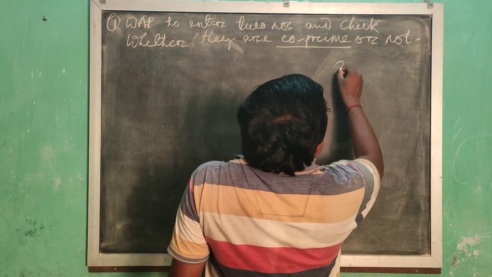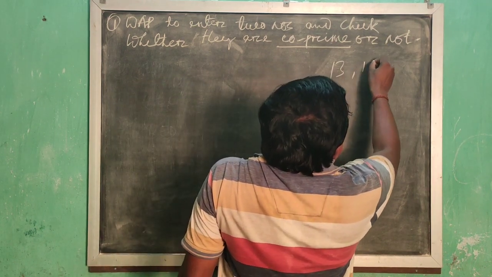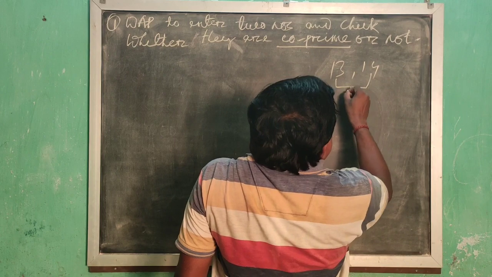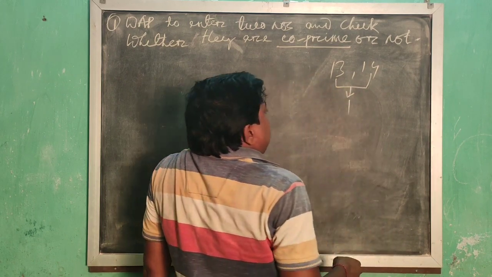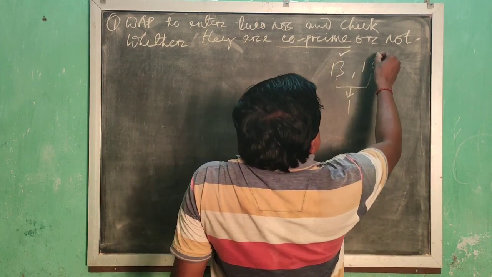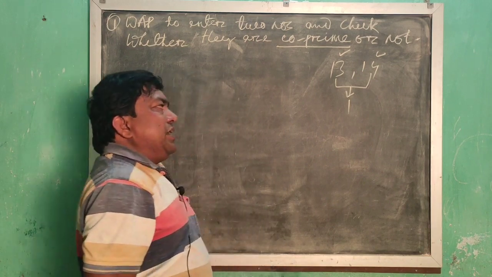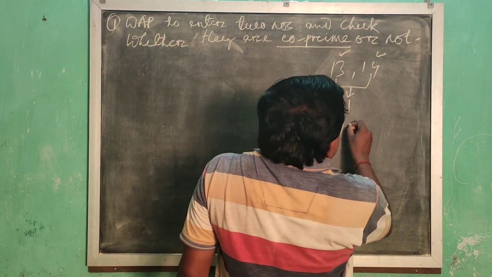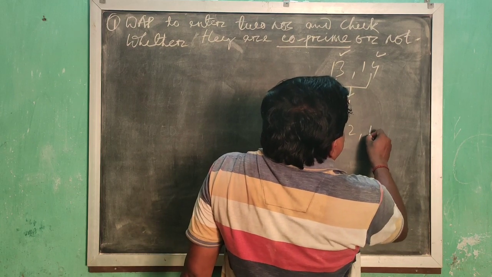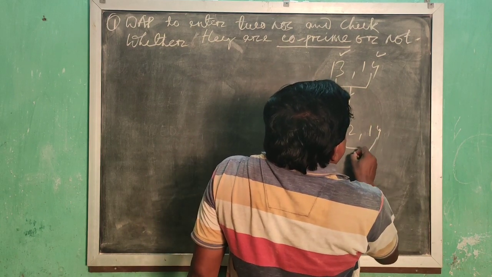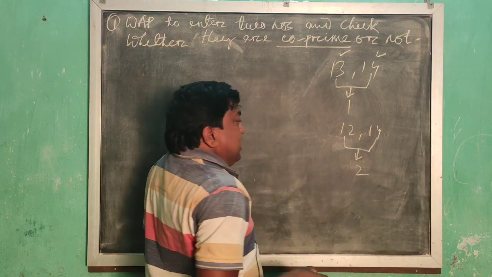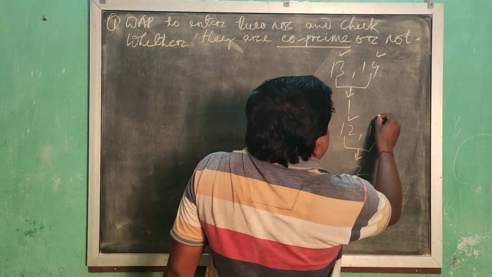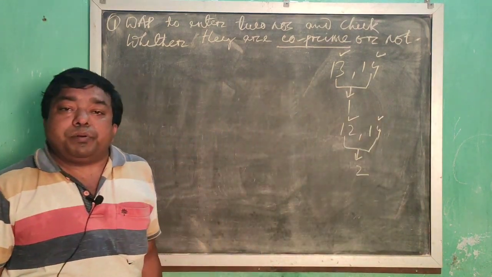Suppose we enter 13 and 14, then the highest common factor will be 1, so we can say that 13 and 14 are coprime numbers. If we enter 12 and 14, then the highest common factor will be 2, so we cannot say that 12 and 14 are coprime numbers.